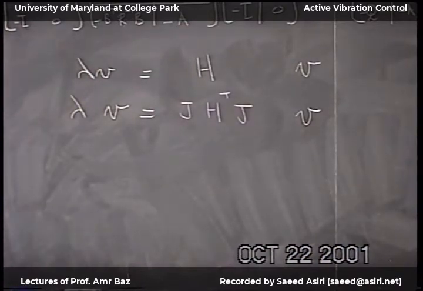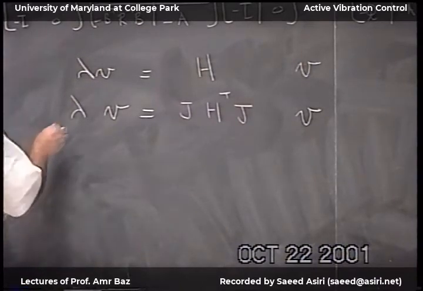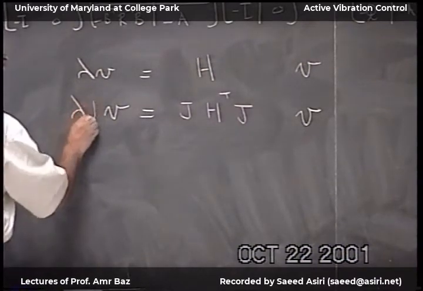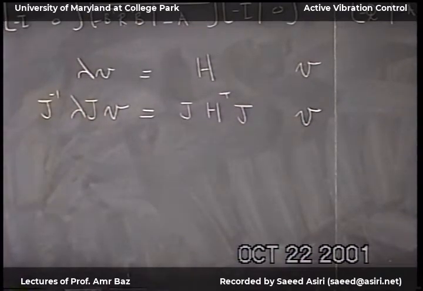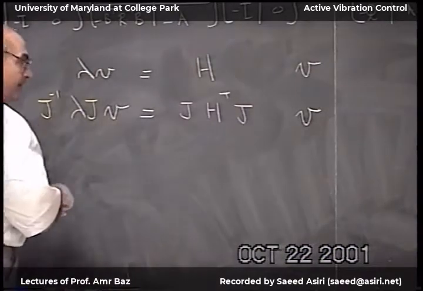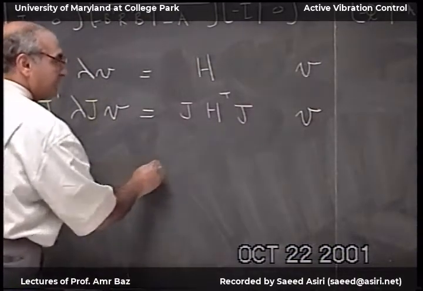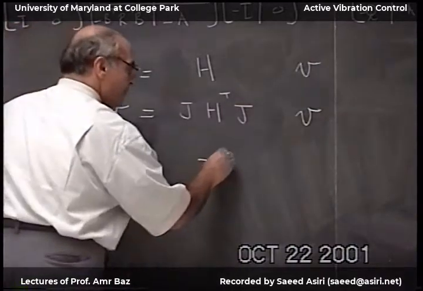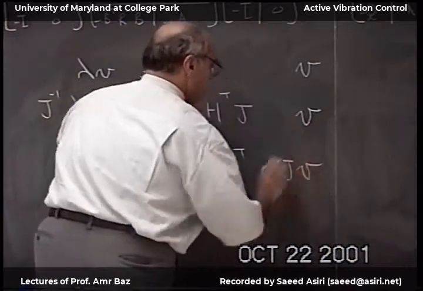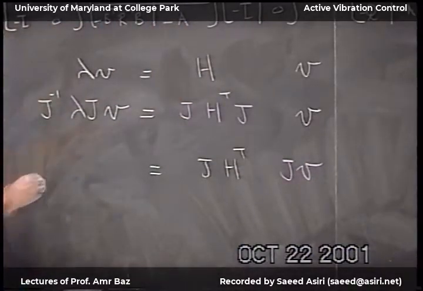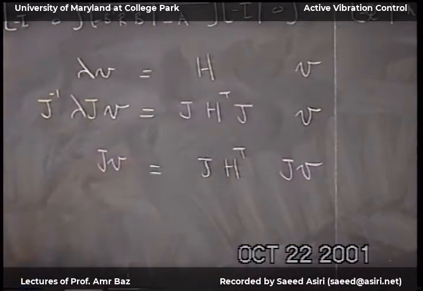And then now, I'm going to multiply here times J and J inverse. And this becomes J H transpose, and then I have J and V, and J and V.